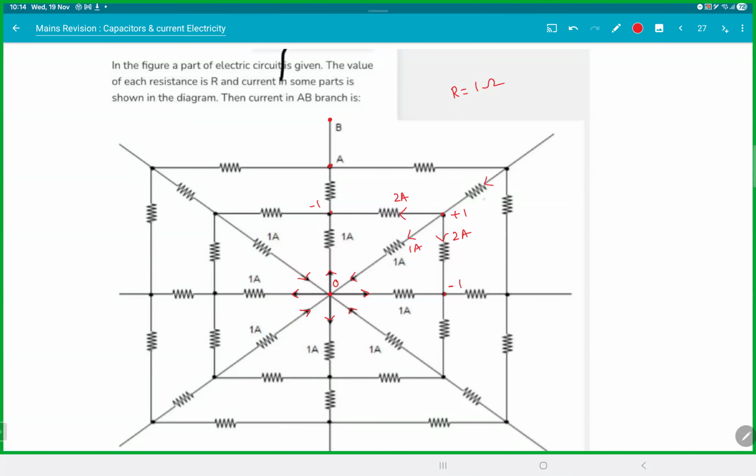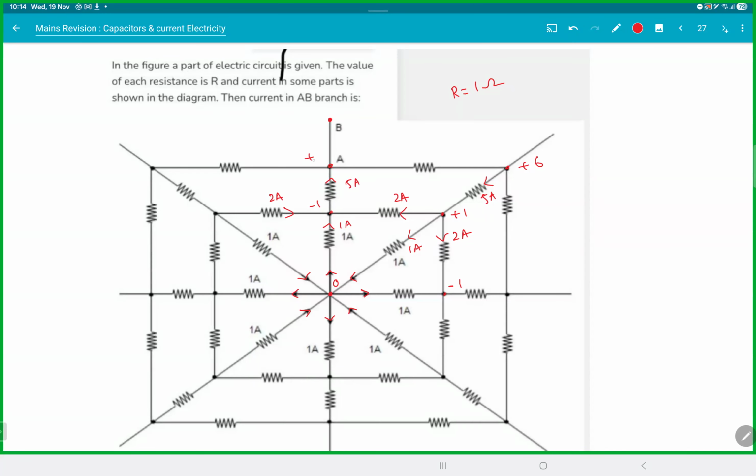That means from this branch, you're getting 5 ampere current. If that is 5 ampere, this must be plus 6. Making sense? And if that is plus 6, this is minus 1. Same argument you can do. This is 2 ampere. This is 1 ampere. So this will be 5 ampere.